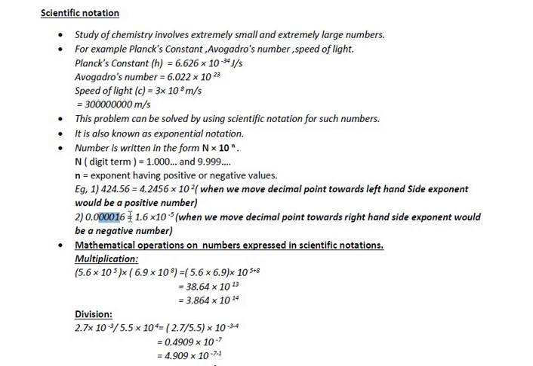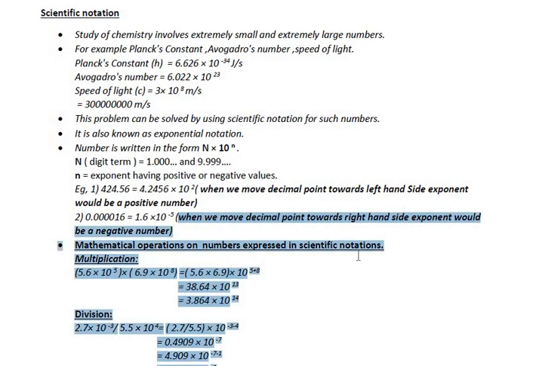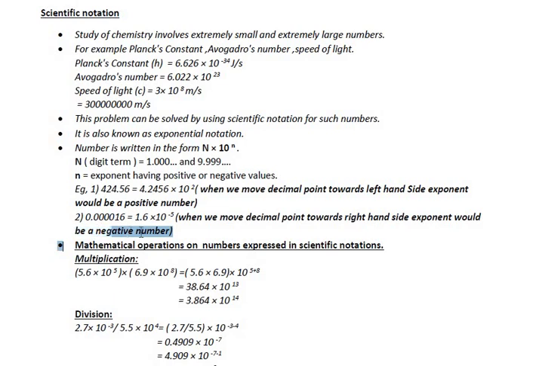So when we write down the given number in scientific notation, it becomes 1.6 into 10 to the power minus 5. Why minus 5? Because we have shifted 5 places of decimal towards the right hand side. So when we move the decimal point towards the right hand side, the exponent would be a negative number.